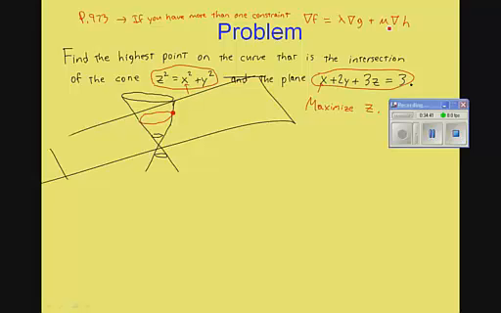And that's really nice, because now solving this problem isn't really any harder than the one we just did, other than maybe the equations aren't so nice. But we'll see what happens. So let's see. These are my constraints. So I'm going to call this guy G of x, y, z. And he has to be set equal to a constant, so I'm going to call him x squared plus y squared minus z squared. Okay?